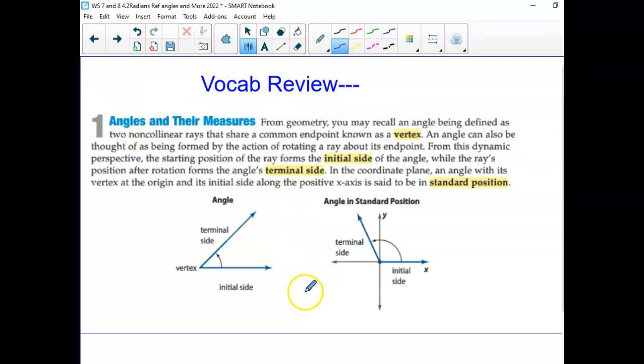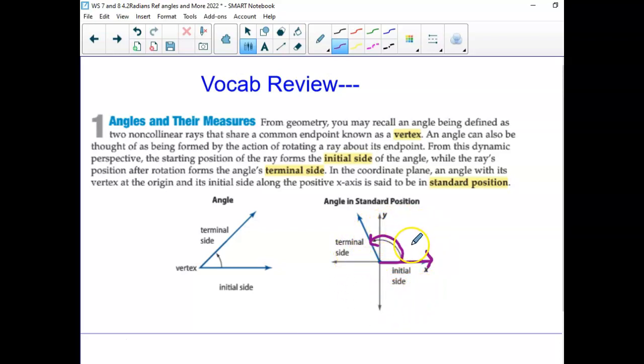Vocabulary you are going to need to know. I hope it's kind of review, but when you have an angle in the coordinate plane, we are going to always put the initial side that we start measuring from on the positive x-axis, and then we are going to measure or rotate in a, is that clockwise or counterclockwise, guys? Right, the clock turns this way.